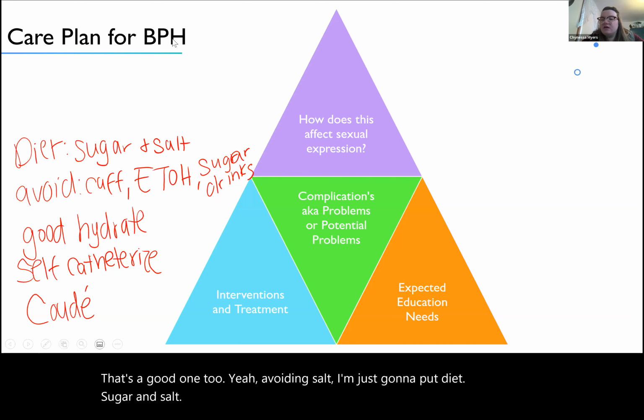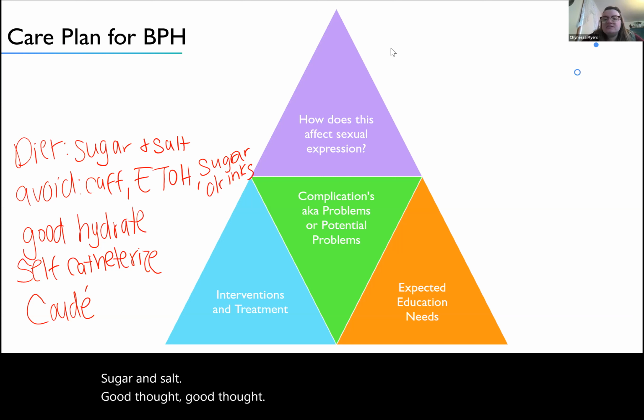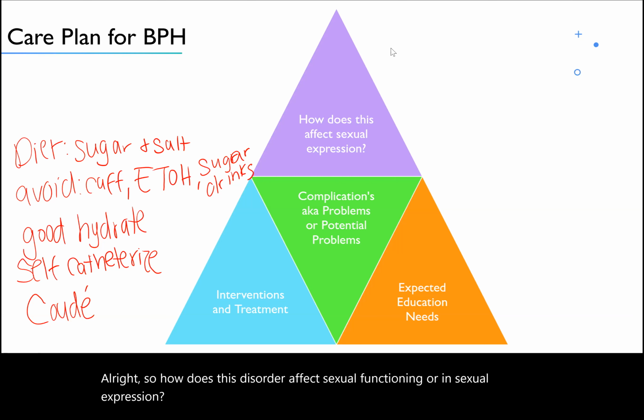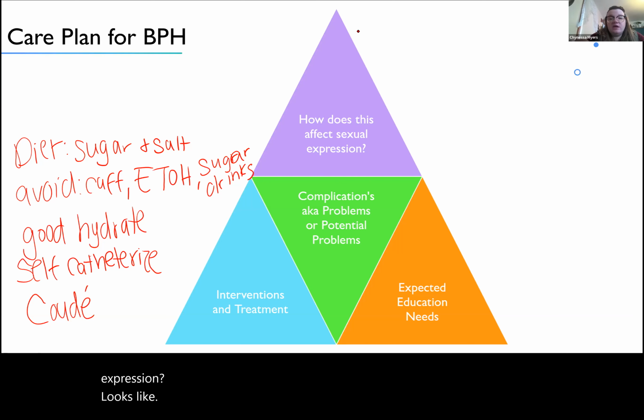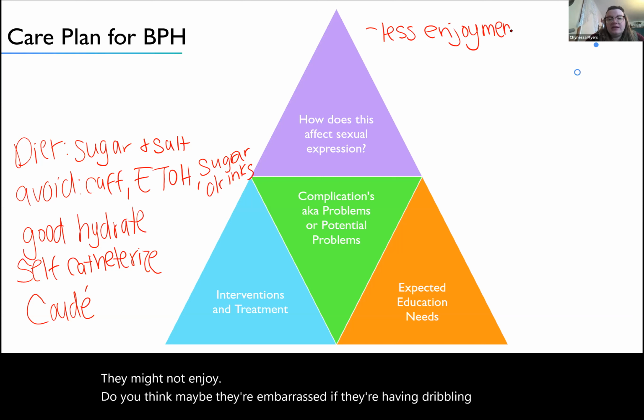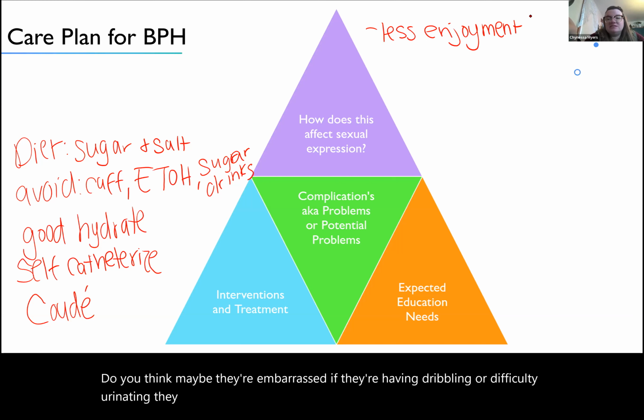Good thought. All right, so how does this disorder affect sexual functioning and sexual expression? They may not enjoy the sexual activity. Do you think maybe they're embarrassed if they're having dribbling or difficulty urinating? They maybe don't have sensation either. Would it affect ejaculation?